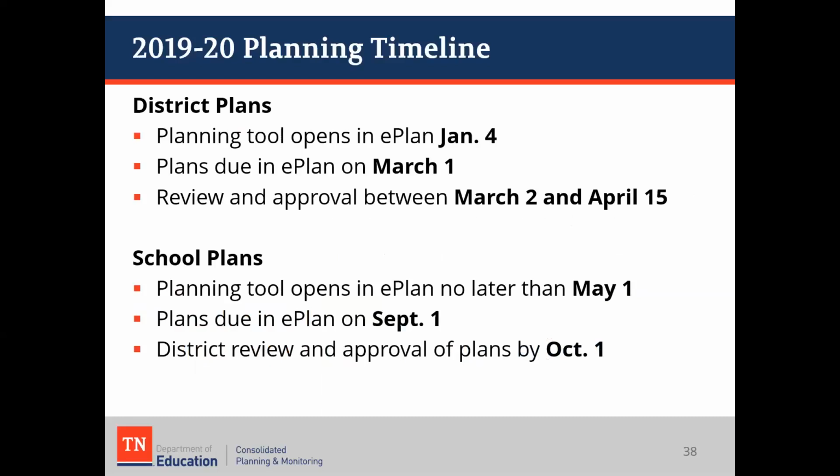The core offices will be reviewing the district plans between March 2nd and April 15th. For school plans, our planning tool opens no later than May 1st. Plans are due September 1, and district planning teams should review and approve all school plans by October 1.